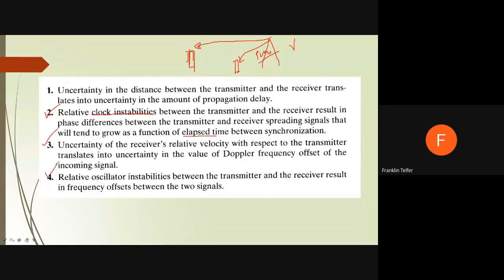We use phase oscillators. There are some oscillators we use for the circuit. If there is some instability with this oscillator, it will directly affect the frequency. The frequency gets offset with some errors, and returning that frequency back is very difficult. So this has to be taken care of.